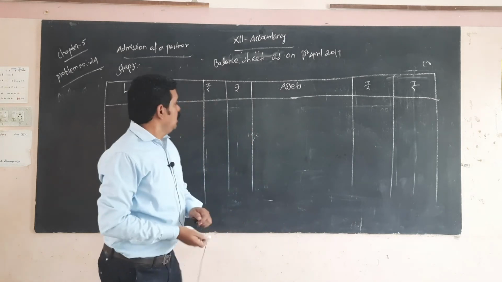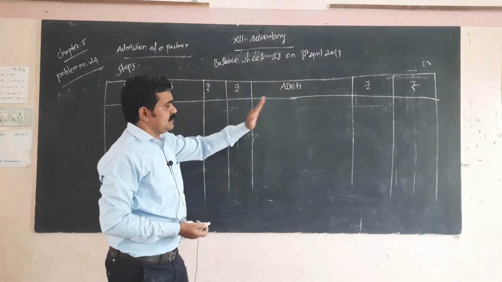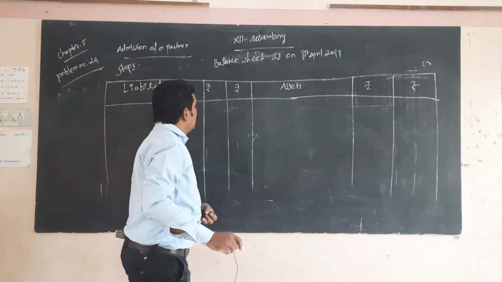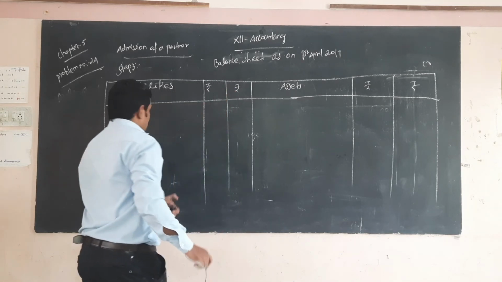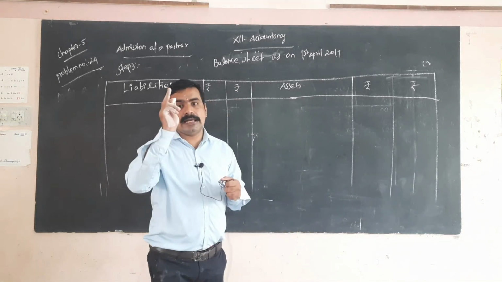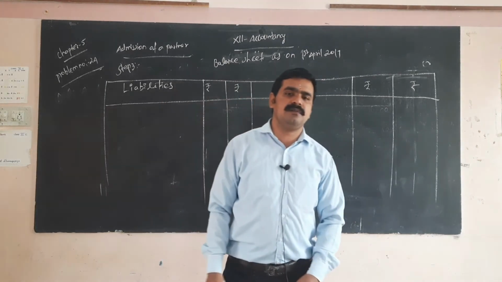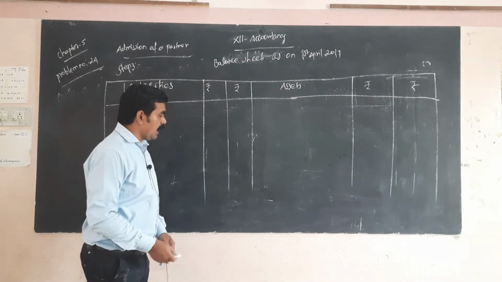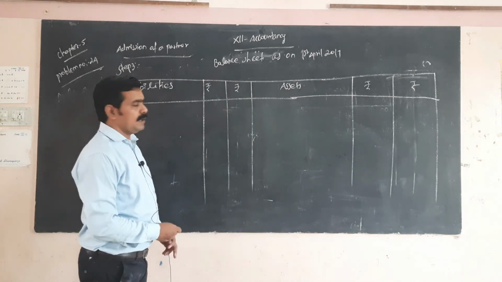Liabilities rupees, assets rupees. First, on the liability side, I have to complete the liability side. First you have to mention the capital account.